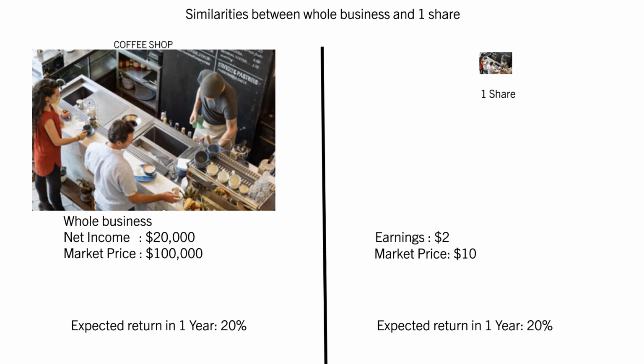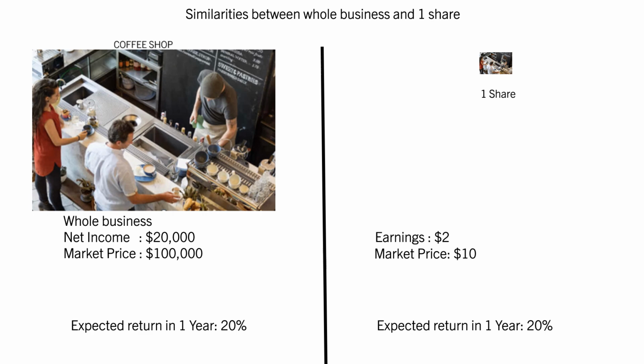When we look at that whole business, we know that the net income or the profit is $20,000 for the year, and the market price is $100,000. So if you had $100,000 to buy John's business and you bought it, and 1 year later you could expect to earn $20,000 on your net income. So your expected return in 1 year would be 20%, because 20 divided by 100 is 20%.